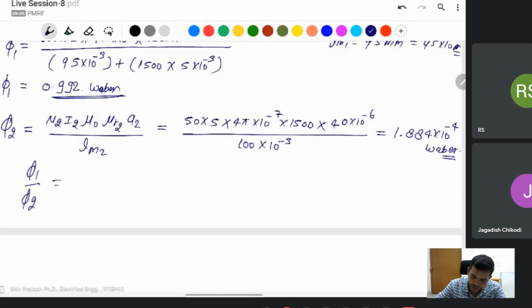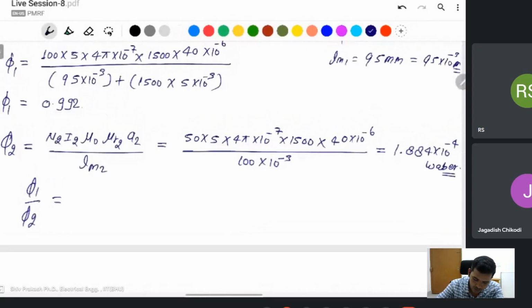Now phi 1 by phi 2. This one is in micro Weber, that means 10 to the power minus 6 Weber, and this one is 188 micro Weber.